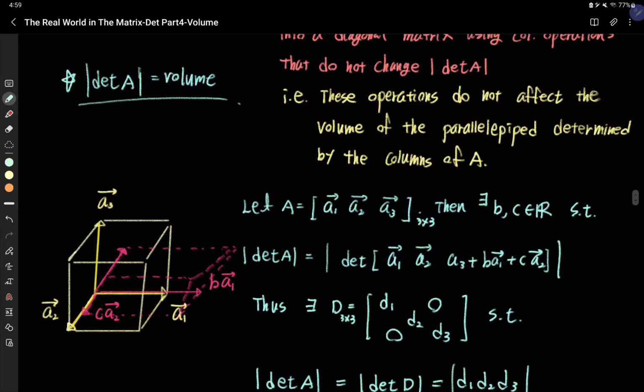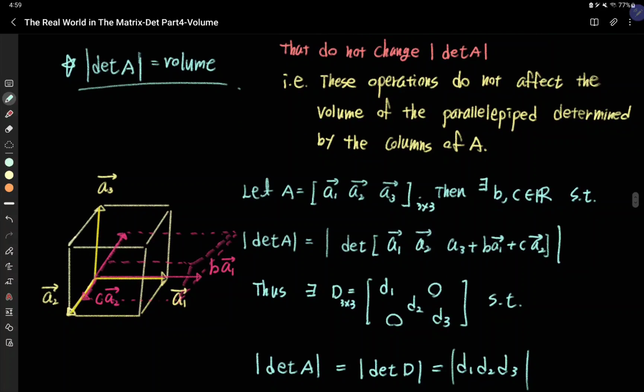In a 3 by 3 matrix, since it has 3 columns, draw the column vectors in 3-dimensional space. Then we get A1, A2, A3. When you construct a solid using A1, A2, A3, we get a parallelepiped, right?